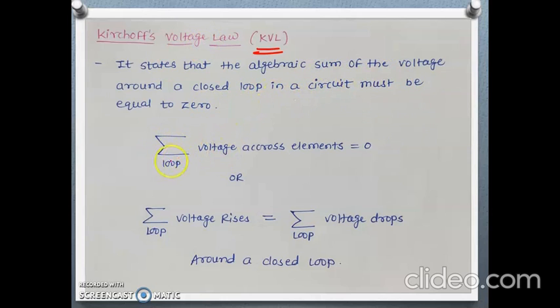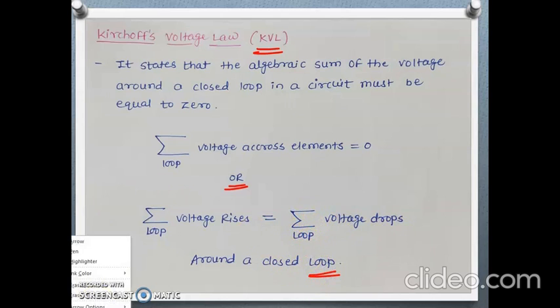That means the summation of voltages across the elements of that loop equals 0. Or we can write it as the summation of voltage rises equals the summation of voltage drops around a closed loop. This is the statement of the voltage law.